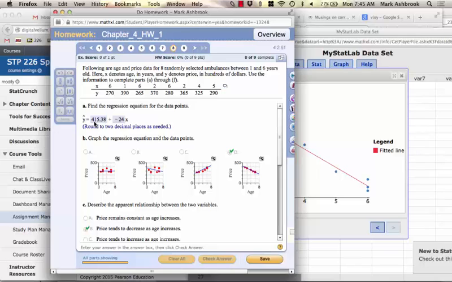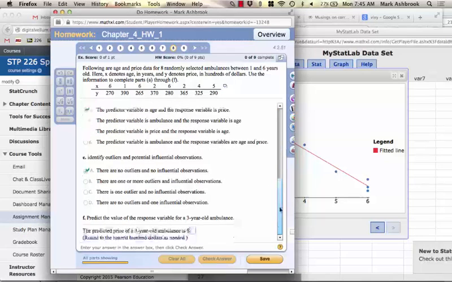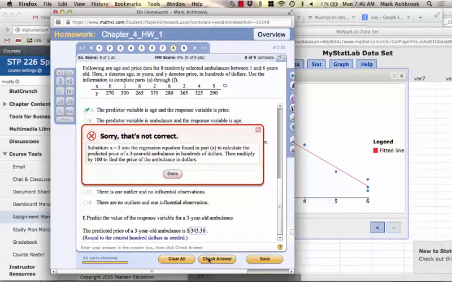So anyone got a calculator handy? 415.38 minus 72. Oh, the nearest dollar?